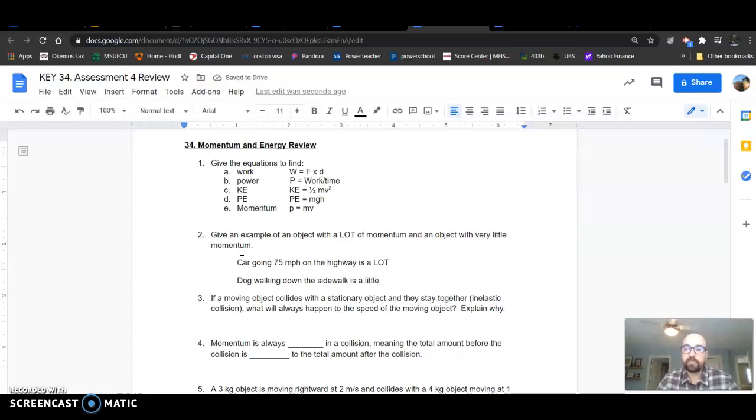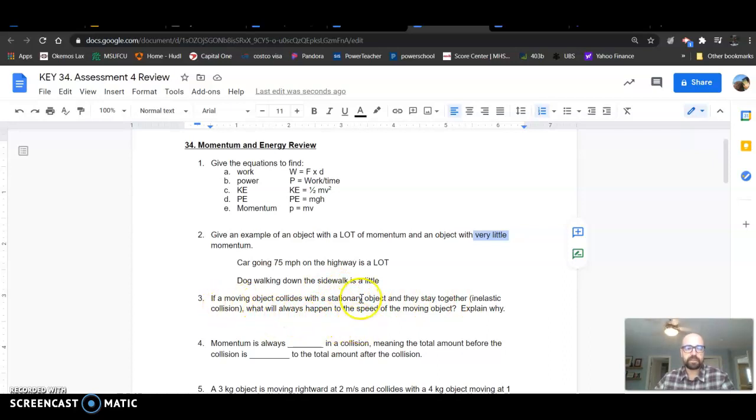Some kids gave me an object not moving, which I would argue has no momentum, so that's not very little. It's none at all, so that's a difference there. So I made that comment on some of your assignments if you turned it in already.